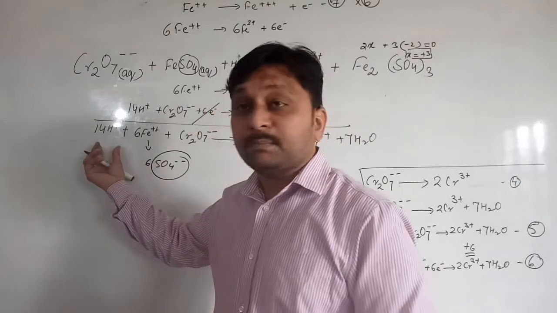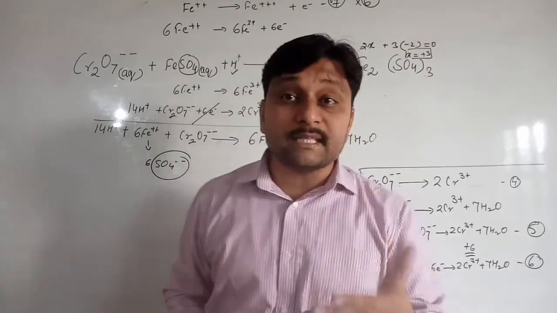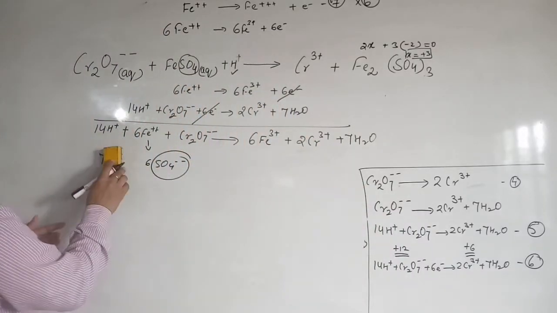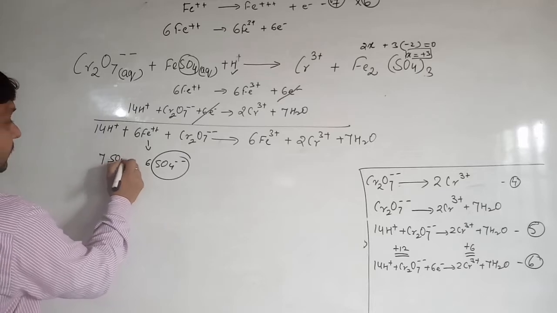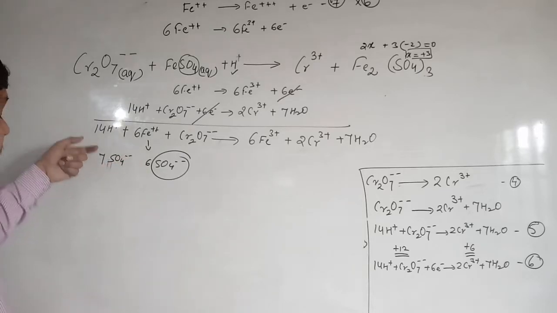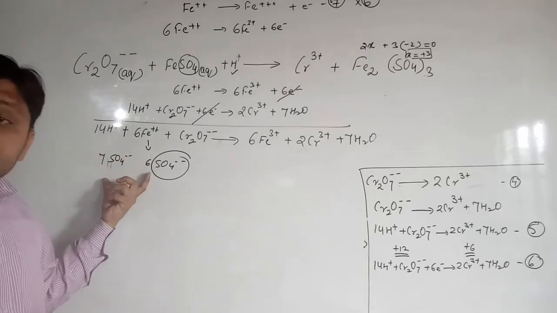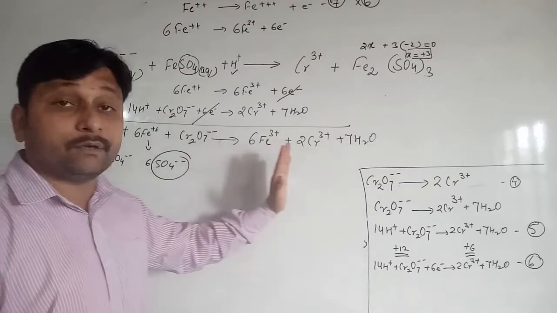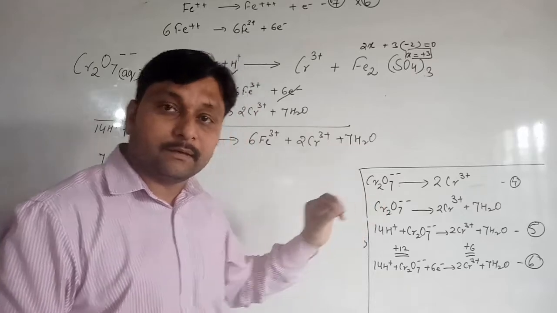It means 14H+ represents 7 sulfate ions. It means 7 and 6, that is 13 sulfate ions required on the reactant side. It means the same 13 are required on the product side. Clear?